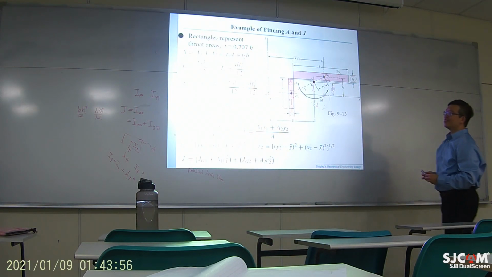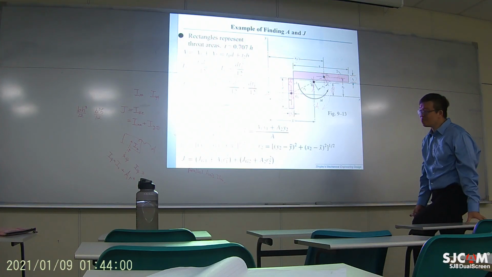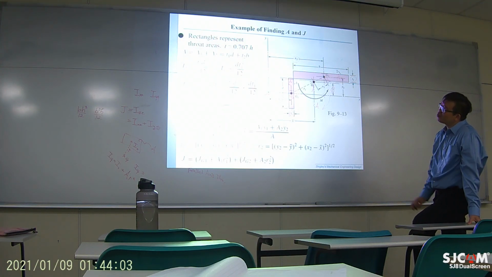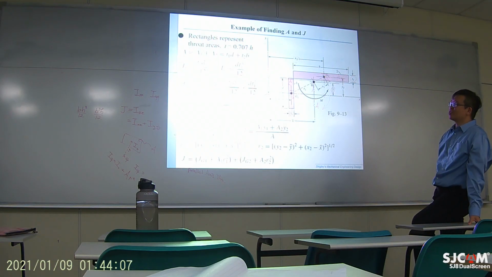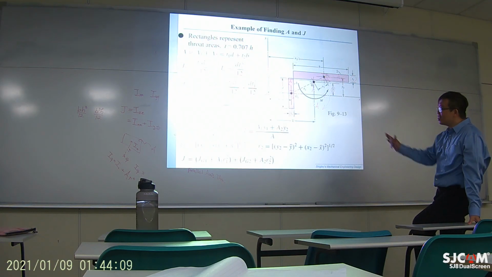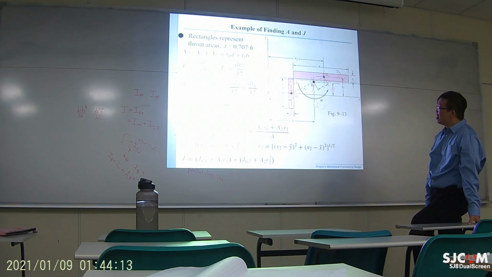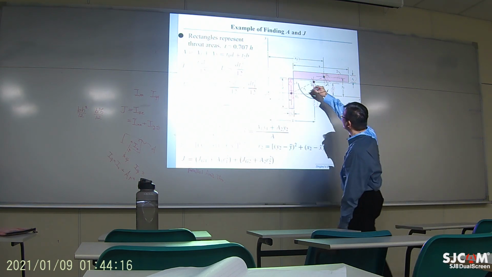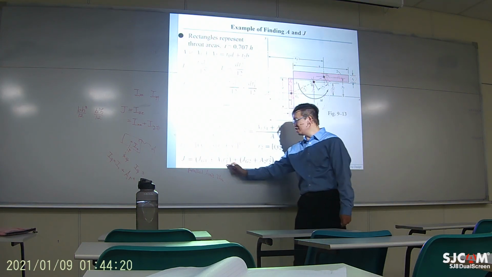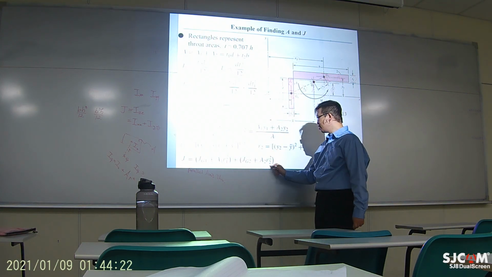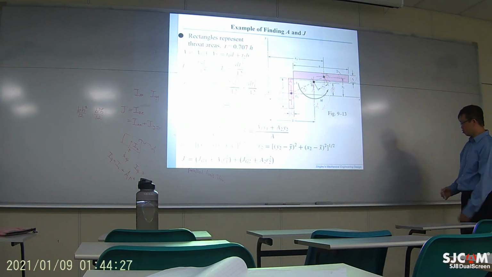So you balance the counterclockwise moment with the clockwise moment, and then you just plug in all the numbers. Then you can compute X bar. Similarly, do the same thing in the y direction. Once you have that, you need to compute R1 and R2 because you need that in the parallel axis theorem. R1 and R2 will be just geometry.